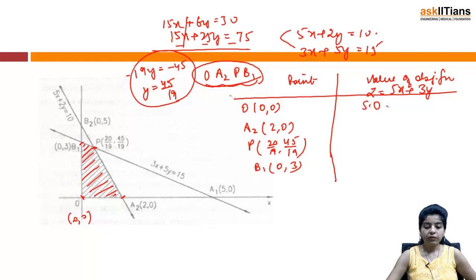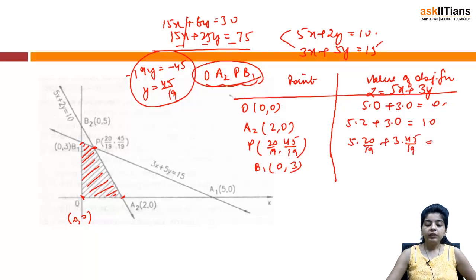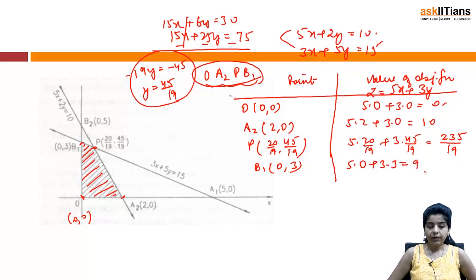At O, 5x plus 3y is simply 0. At A2, 5x plus 3y is 10. At P, this comes out to be 100 by 19 plus 135 by 19, so 235 by 19. And at B1, 5x plus 3y comes out to be 9.